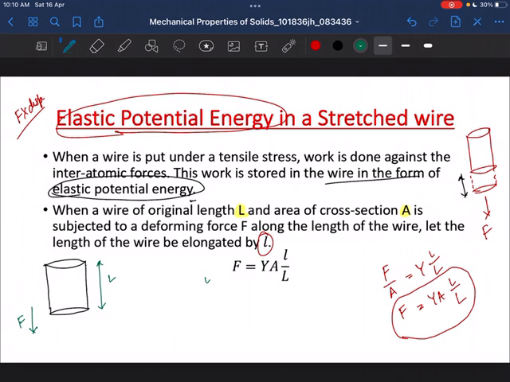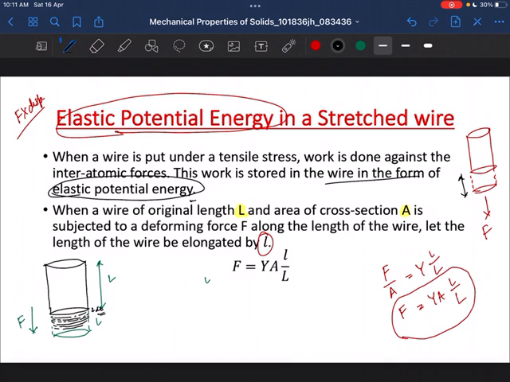So if I have the deformation here as small l, I will break this deformation into very small parts, and this smaller amount is known as del L. So del L like this, where there are infinite small amounts of deformations. Those total give us the small l amount of deformation.